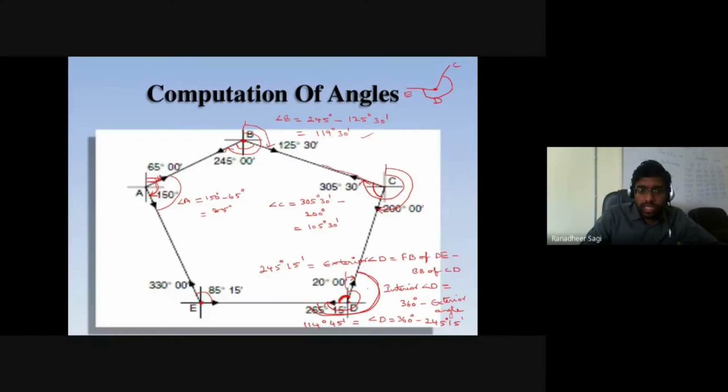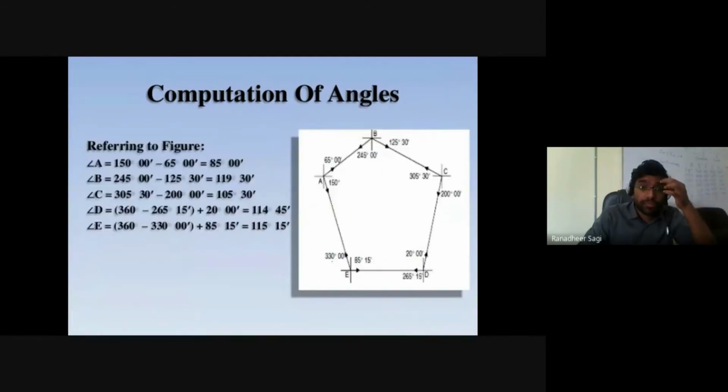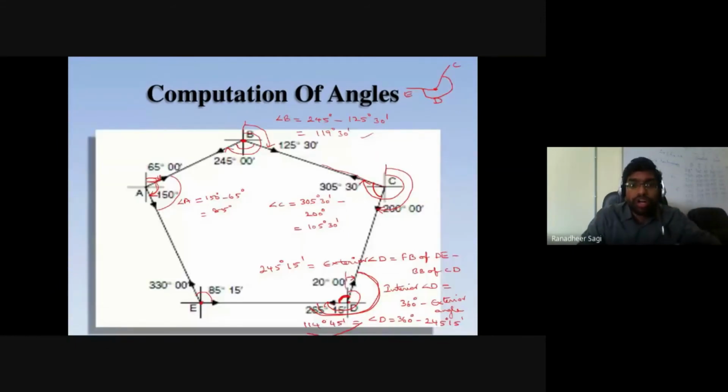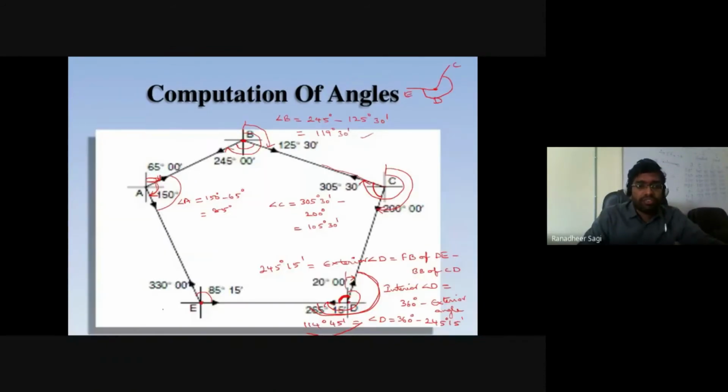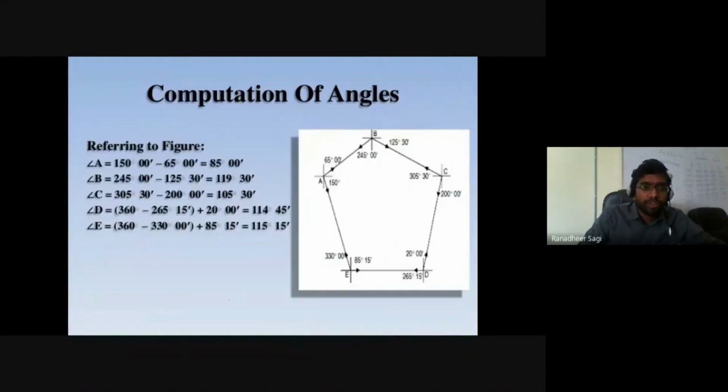And at station D, the interior angle we got is 114 degrees 45 minutes. Yeah, it is correct. And likewise, if you calculate the interior angle at station E, you will get the value 115 degrees 15 minutes. So please solve for that particular interior angle at station E.